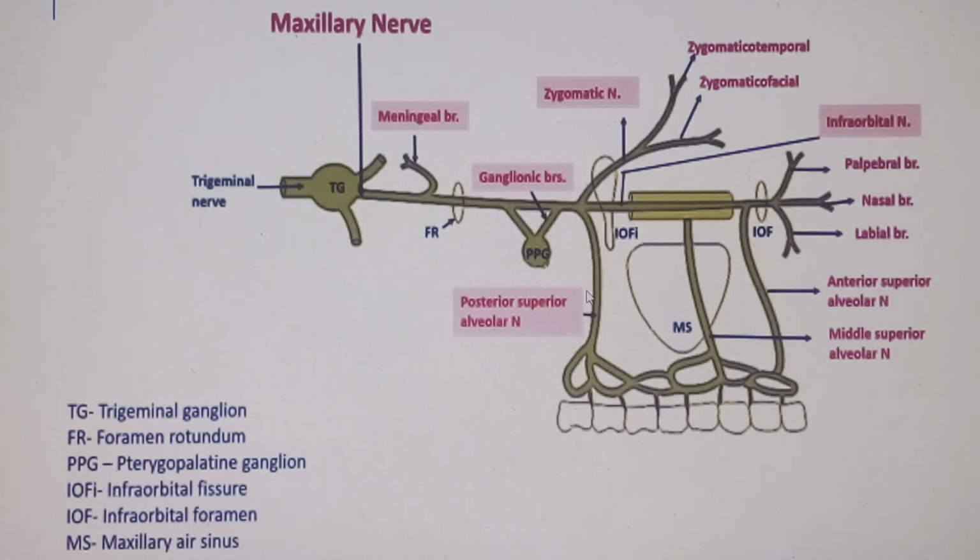Remember that the posterior one is a direct branch coming from the maxillary nerve before entering the inferior orbital fissure. But my friends, the anterior and the middle superior alveolar nerves are branches coming from the infraorbital nerve, which is also a branch of the maxillary nerve.